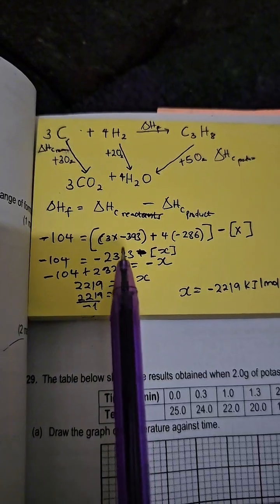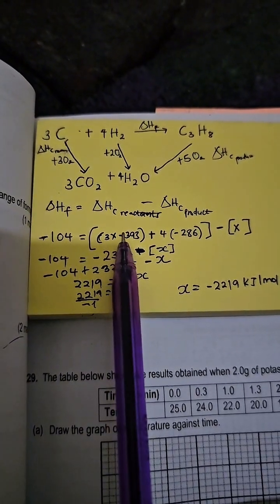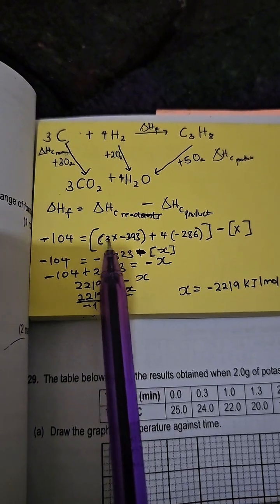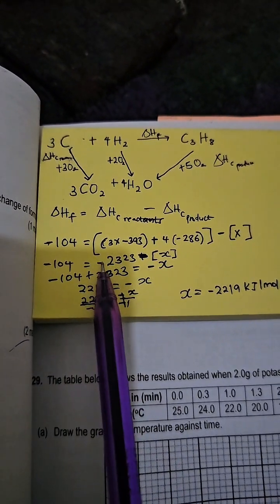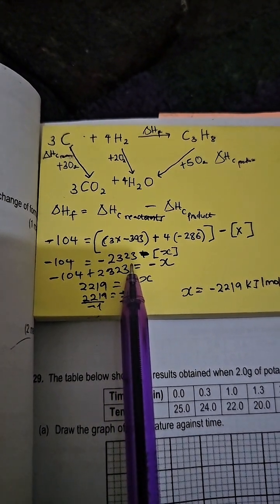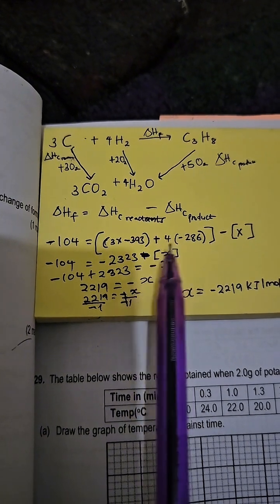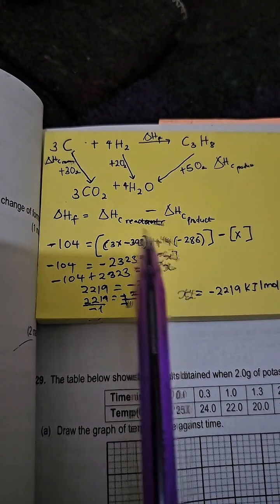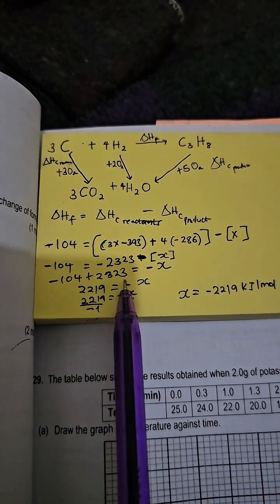Now, when we have gotten the sum of the enthalpy of combustion of the reactants for 3 moles of carbon and 4 moles of hydrogen, we found that it is minus 2323 kilojoules. So minus the enthalpy of combustion of propane is what is going to give us negative 104, which is the enthalpy of formation of propane.